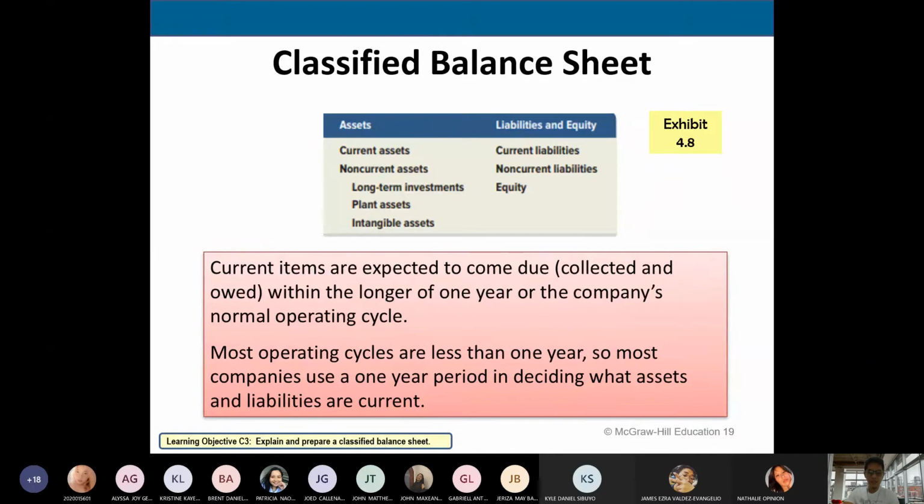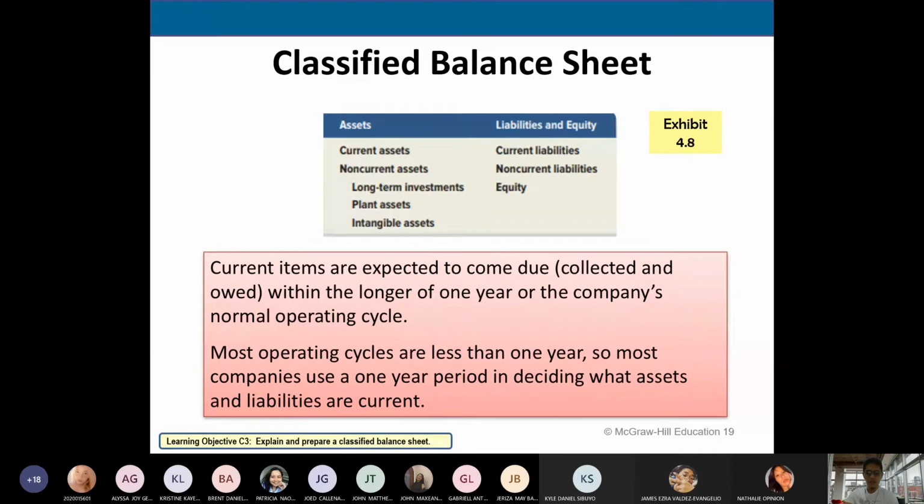Current items are expected to come due, collected and owed within the longer of 1 year or the company's normal operating cycle. Ang most of the operating cycles kasi ng entity are 1 year. Okay? But some are less than 1 year. So most companies use a 1 year period in deciding what assets and liabilities are current.